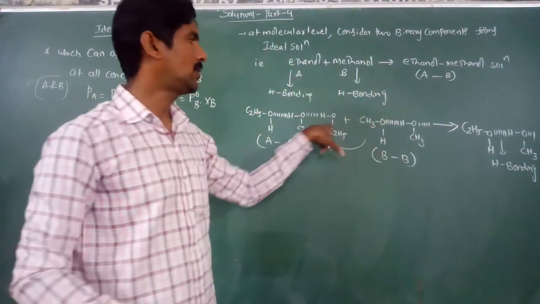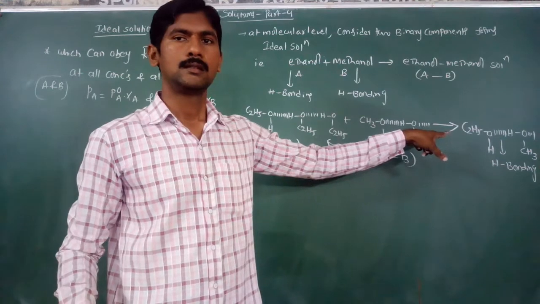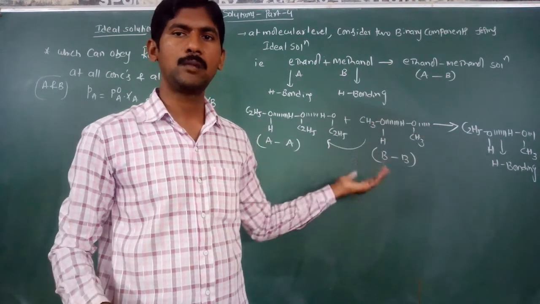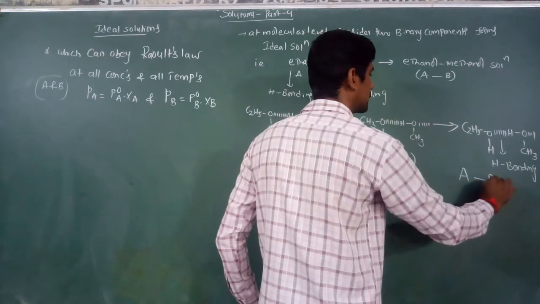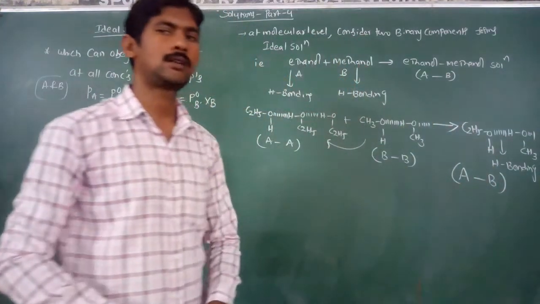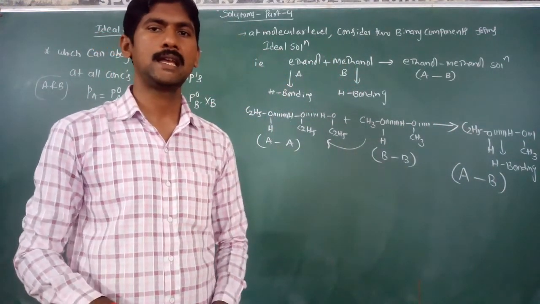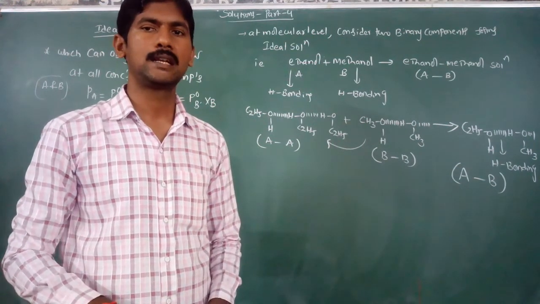So after adding methanol to ethanol, there is hydrogen bonding between methanol molecules and ethanol molecules, that is AB interactions, because the ethanol component is designated as A and the methanol component as B.